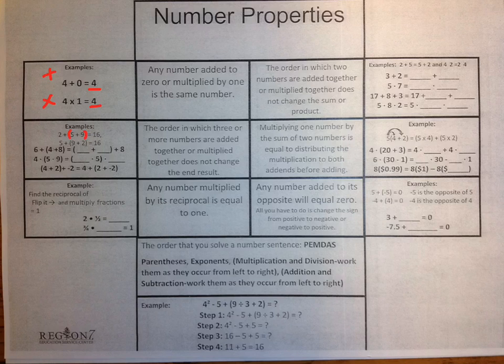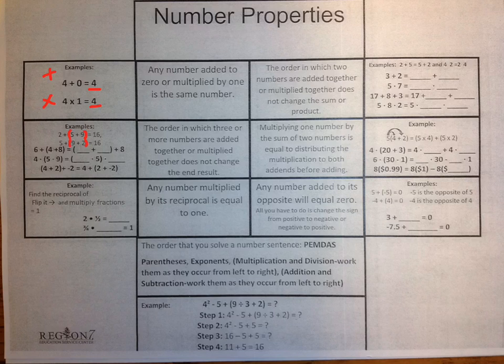But then they switched around the numbers, 5 plus 9 plus 2, and it still gives you 16. So when you can change them around with adding and multiplication, it doesn't matter. They're all going to be multiplied together. They're all going to be added together, and it should give you the exact same answer.